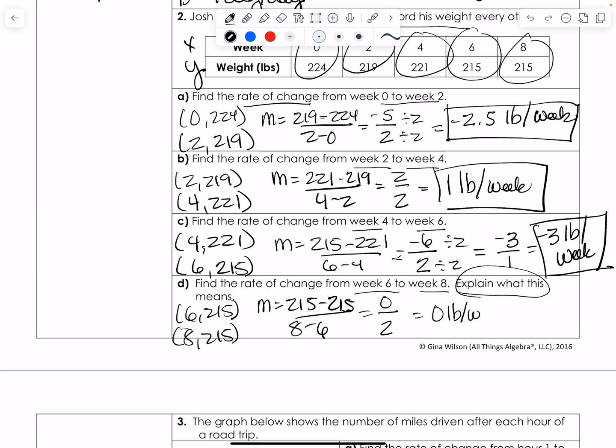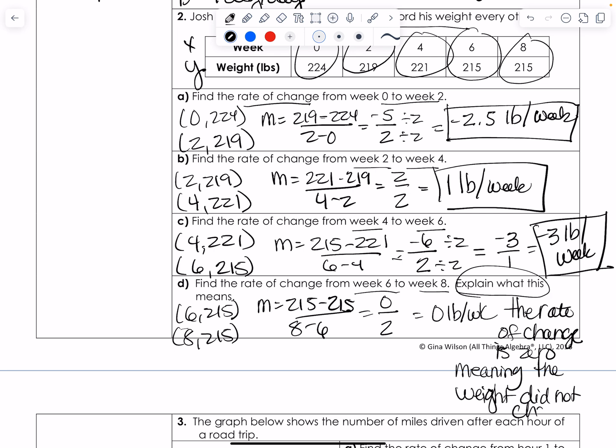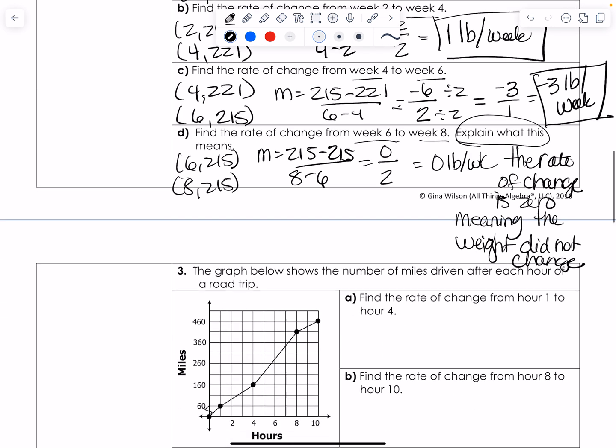And if I explain, I'm going to explain it by saying the rate of change is 0, meaning the weight did not change.